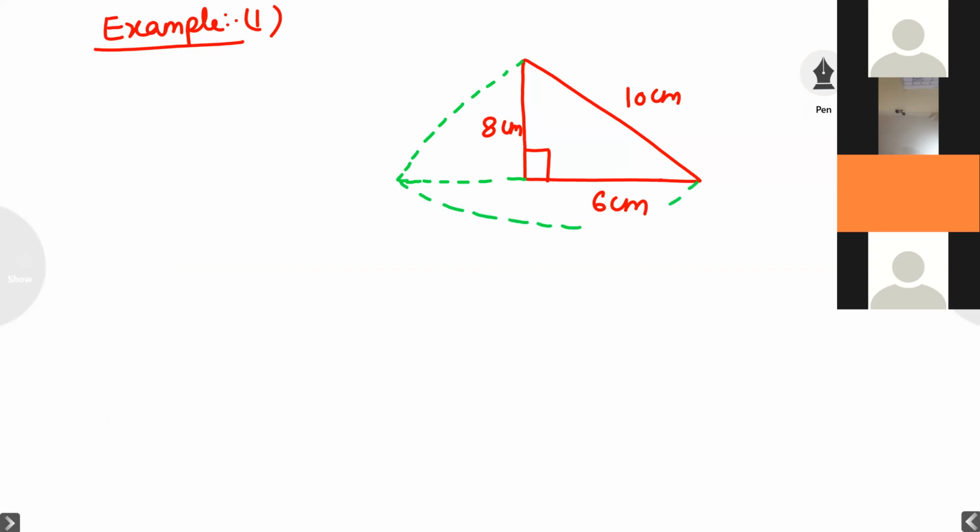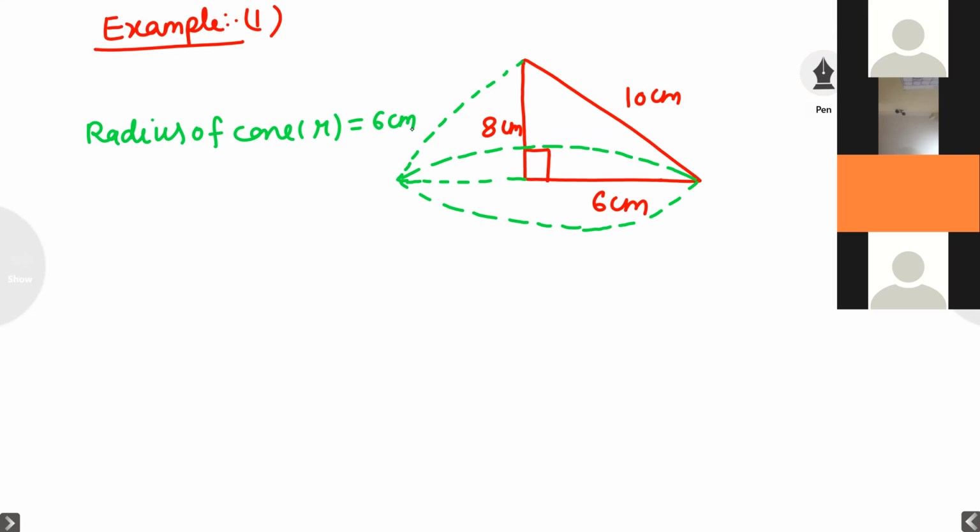It is forming one cone. Now in this question, radius of cone is equal to, what is radius, students here? 6 centimeter.